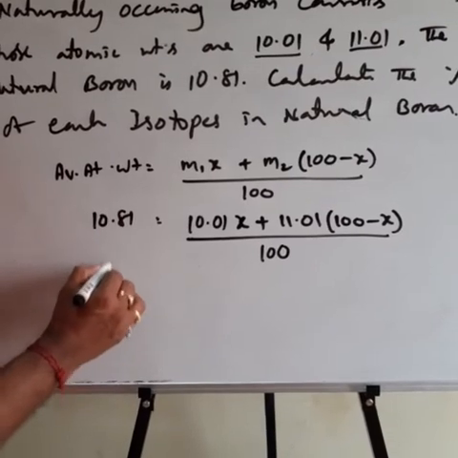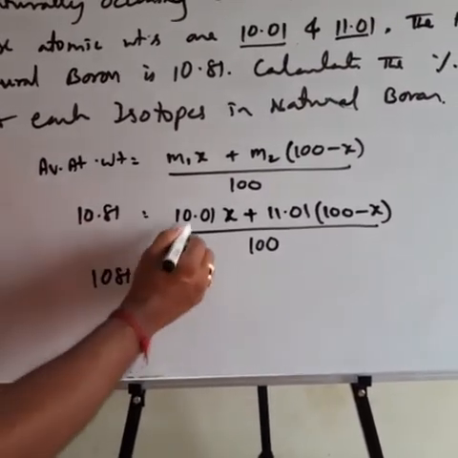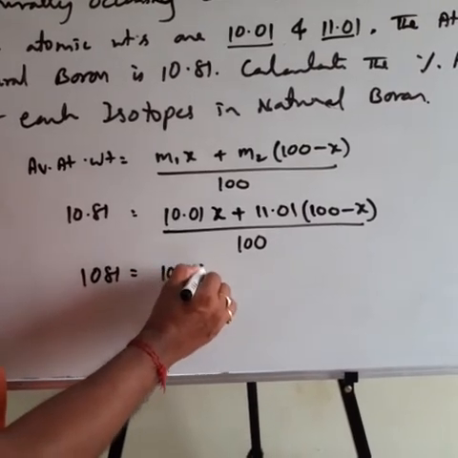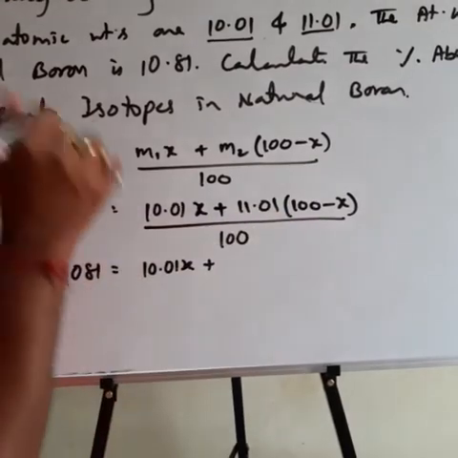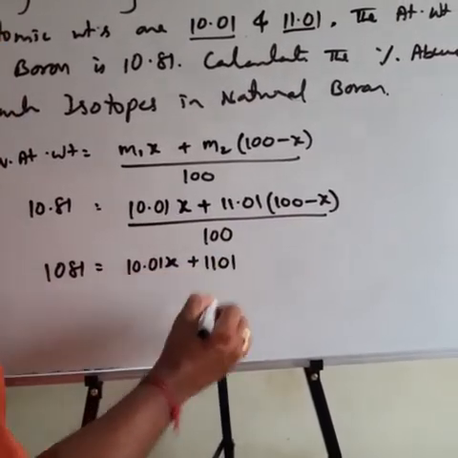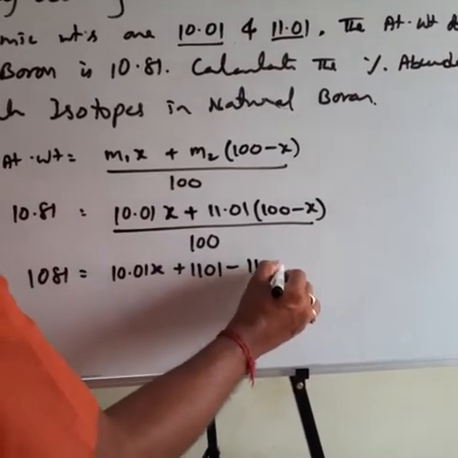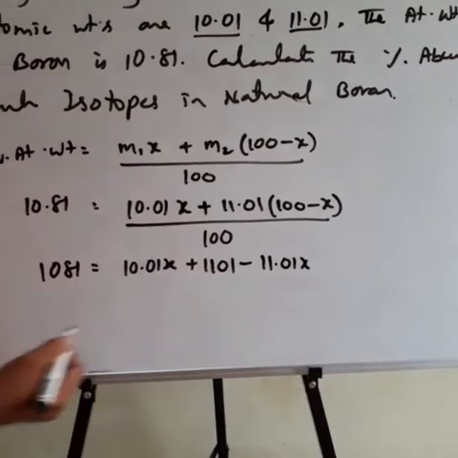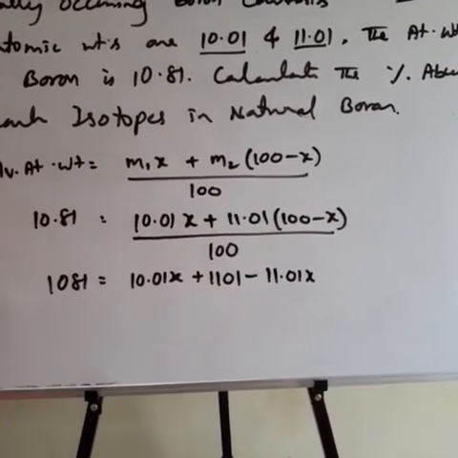Then what happened? 10.81 into 100, 1081, is equal to 10.01x plus 11.01 into 100, 1101, minus 11.01x. The 1101 comes to one side.